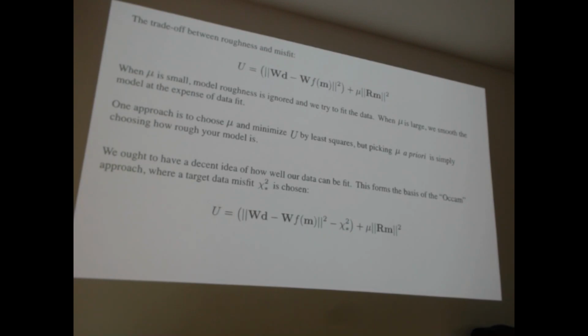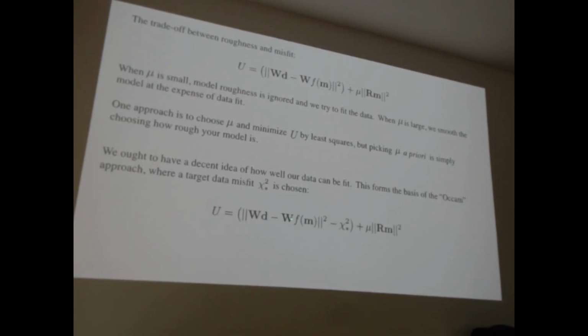I think I know my data. I think I know my data error bars, and I think I should be able to fit my data to about one standard error. So instead of minimizing the misfit to the data and pushing all the noise into model roughness, we can step back a little bit and say, okay, I want to fit my data just good enough. I don't want to push it to a least squares solution.